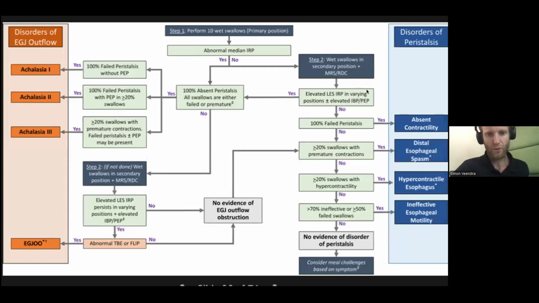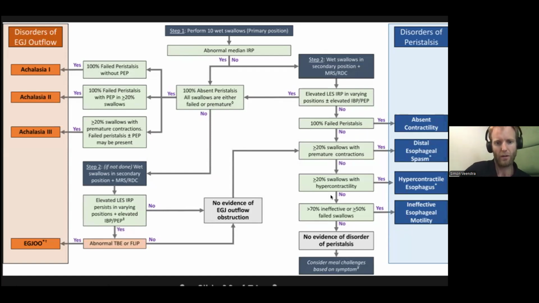I'm sure there are some subtle nuances that Matt might know about, but in general, one then looks at your peristaltic pattern, and depending on whether there's failed peristalsis, premature contractions, hypercontractility, or ineffective or failed swallows, you classify your disorders of peristalsis accordingly.